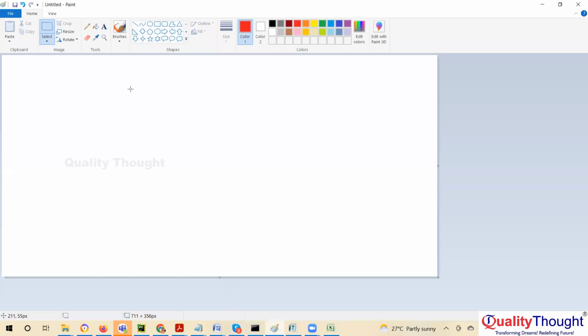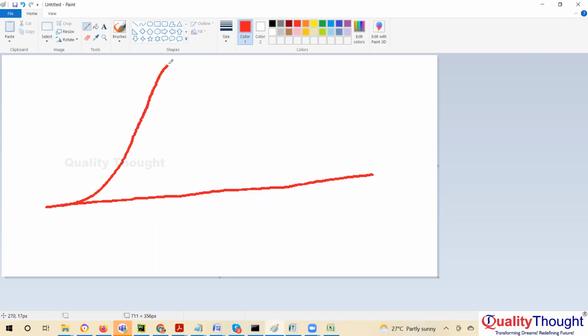Now when you look at any data, you expect the data to be something like this. It's called a bell curve. Most of you would have heard about the bell curve. It means when you have normal data, this is also your mirror image.